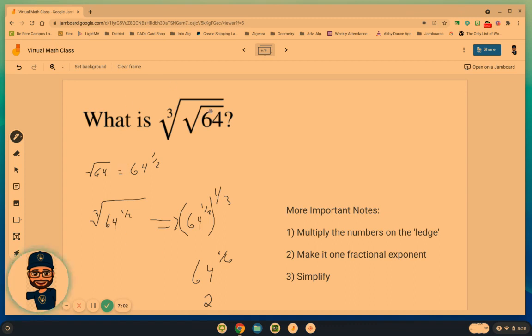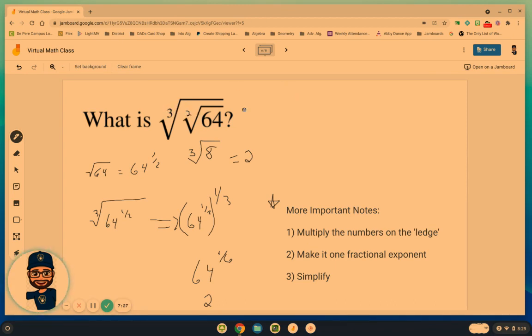Okay, and we could do that by saying the square root of 64, well, that's 8. And then what's the cubic root of 8? Well, that's also 2. But knowing this property rule, which is this important note down here, is going to help us. We are going to end up multiplying the numbers on the ledge. This was a 2, even though it's not written, and that's a 3.